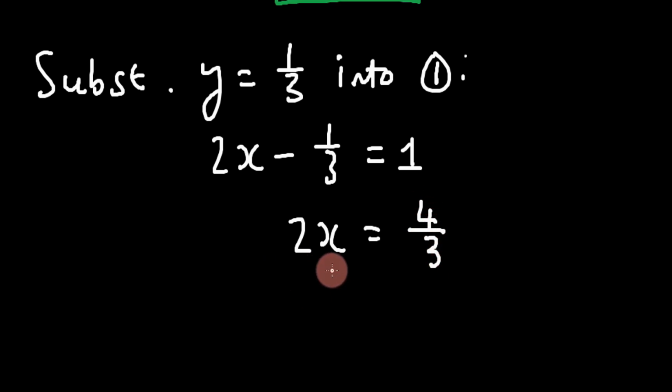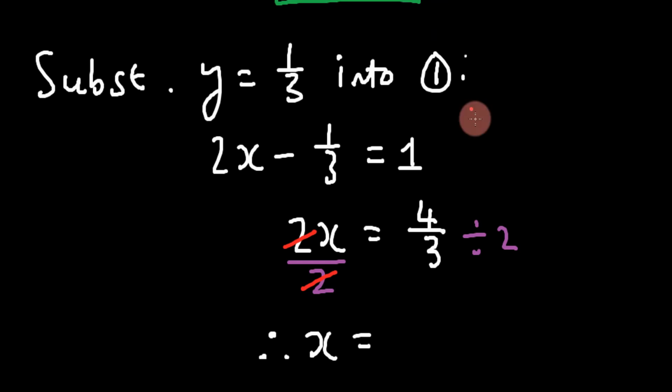Now we can divide both sides of the equation by 2. On the left-hand side here, the 2's will cancel, and we're left only with x. So 4 over 3 divided by 2. Basically, the 2 goes into the 4 twice, and we see that x equals 2/3.